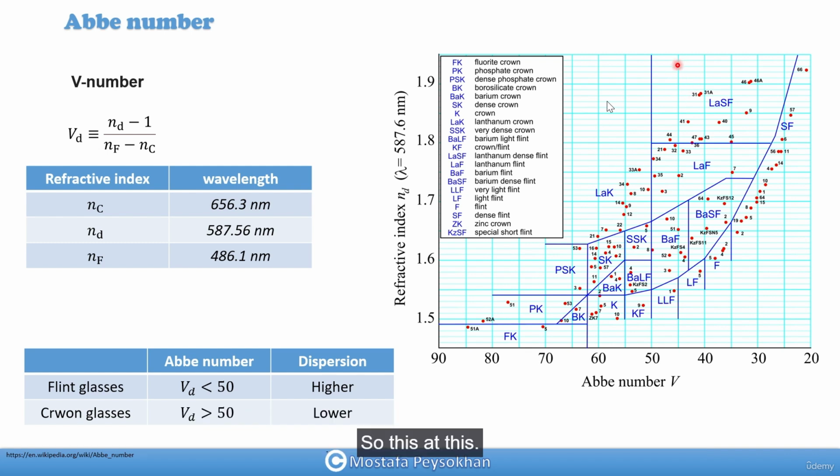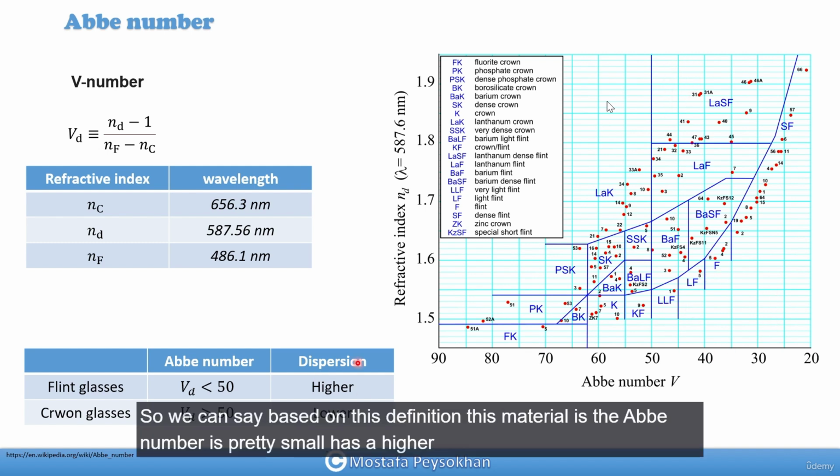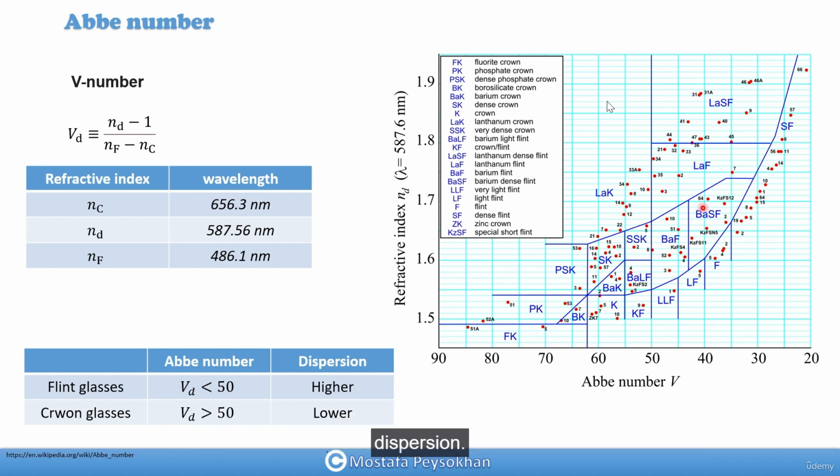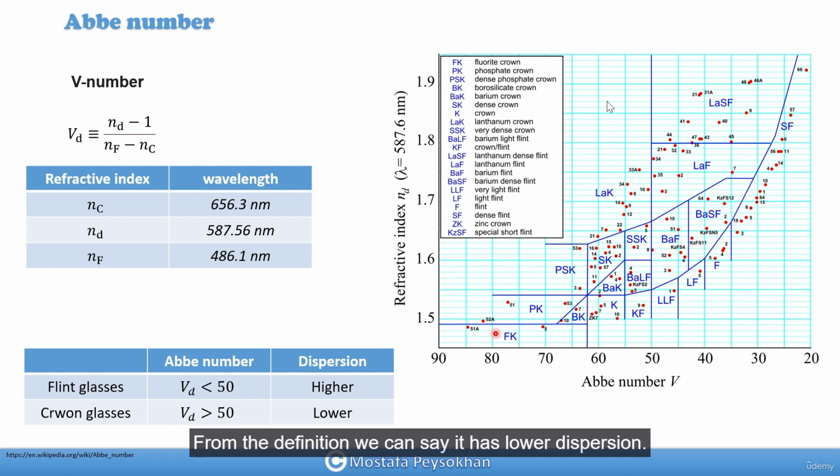So based on this definition, for this material the Abbe number is pretty small, so it has a higher dispersion. This material that has a high Abbe number, from the definition, we can say it has lower dispersion.